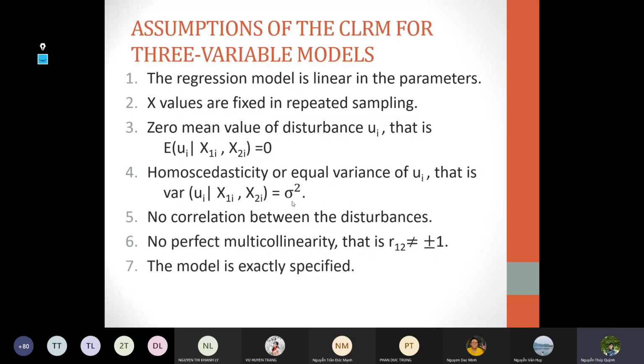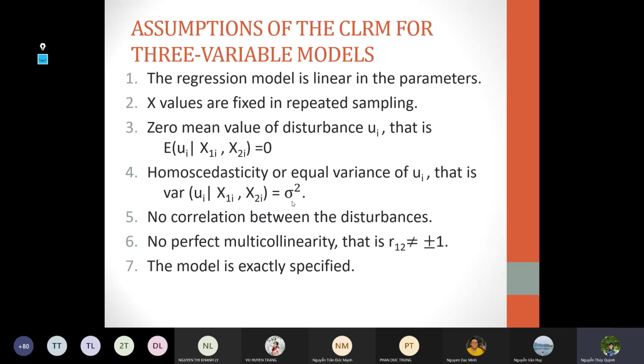Now, the last one: the model is exactly specified. In this case, we will care more about which independent variables we need to bring into the model. In the two variable regression model, you have only one independent variable.